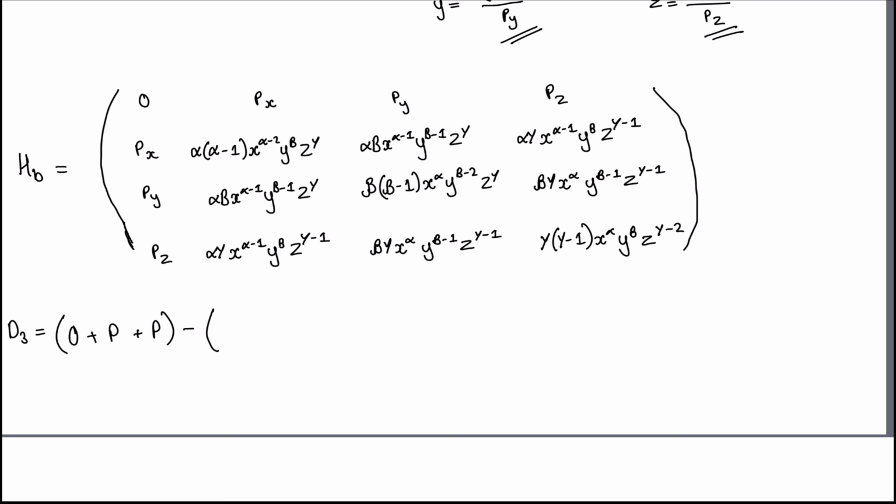Then we do minus these three multiplied together. This is going to be negative because py times py is positive, but then py times py times alpha, brackets alpha minus 1. Alpha is a positive number less than 1 but greater than 0.